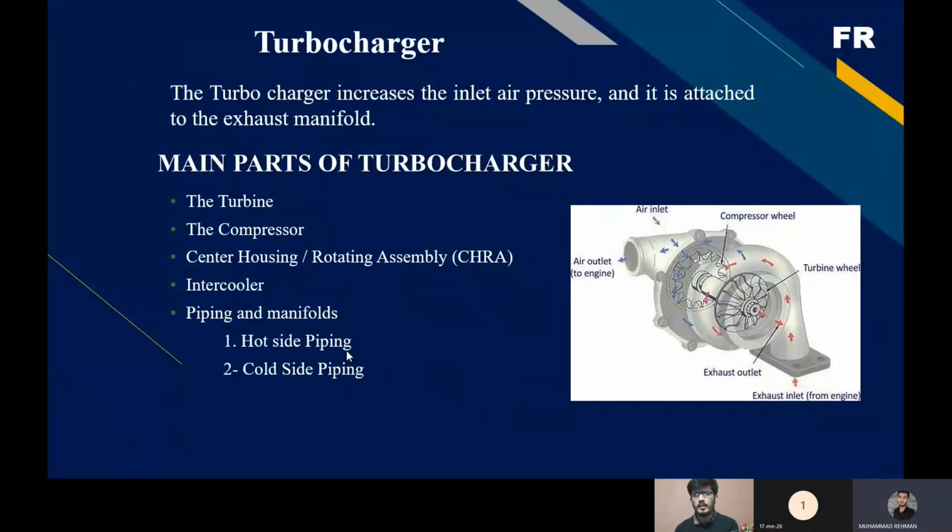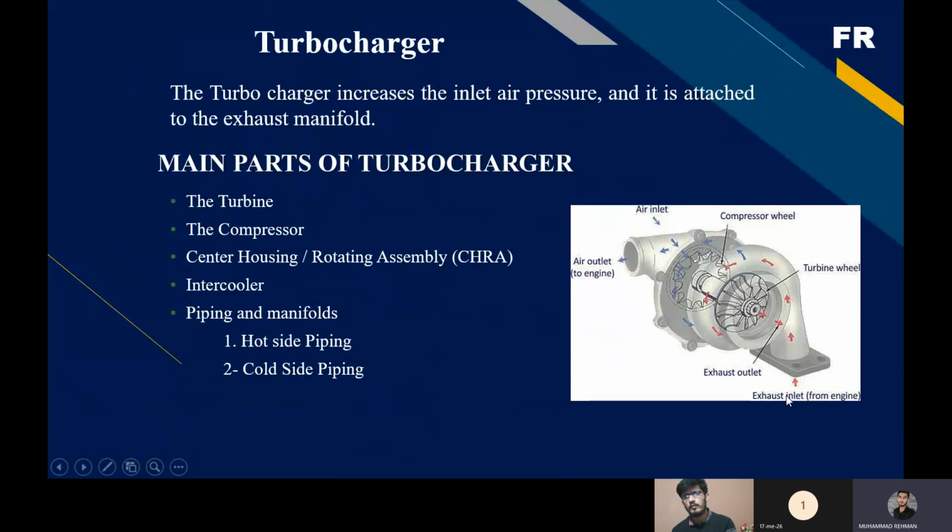Now the main components of the turbocharger are the turbine and the compressor. Here you can see the compressor is placed, the center housing and rotating assembly, intercooler piping and manifolds, hot side piping and cold side piping.